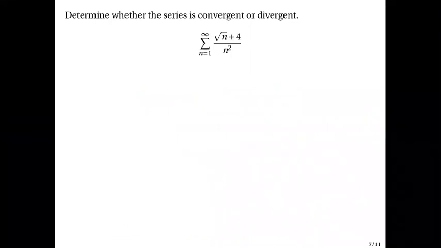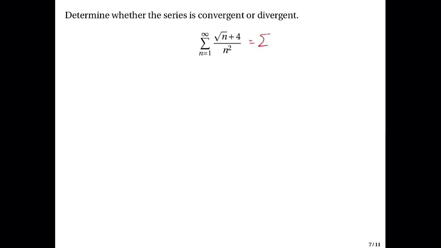Next problem. Determine whether the series is convergent or divergent. So you have here square root of n plus 4 over n squared, the terms of the series. You can decompose this into two parts, and that's easier to work on.